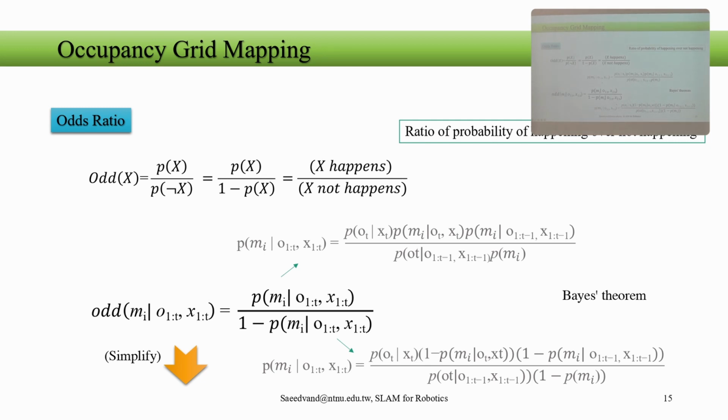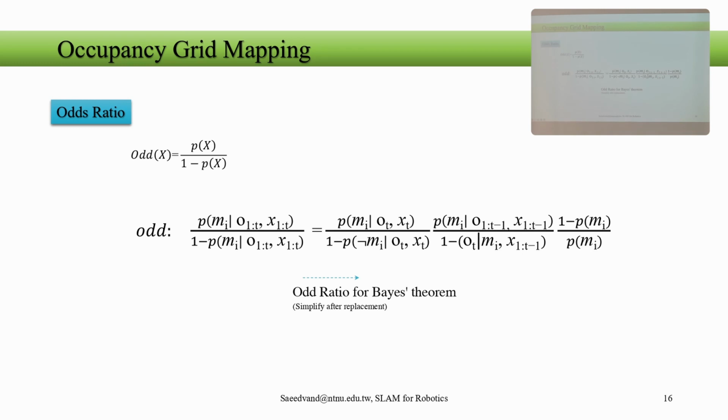After doing this, what happened? We applied the Bayes theorem, and we also brought it to the odd ratio form. So now, after putting these terms over here and doing simplification, we can have this term over here. It is again some math. I'm not going to show exactly how that's happening.